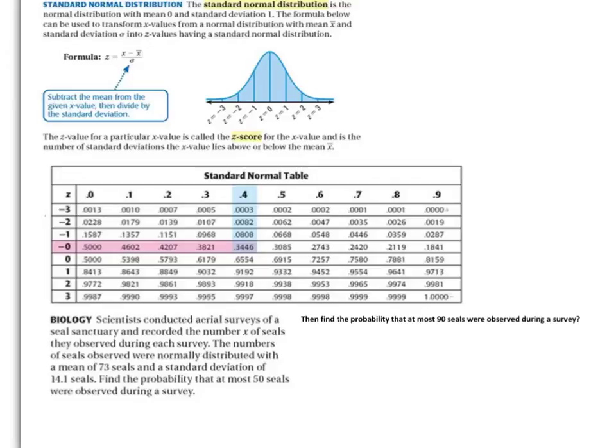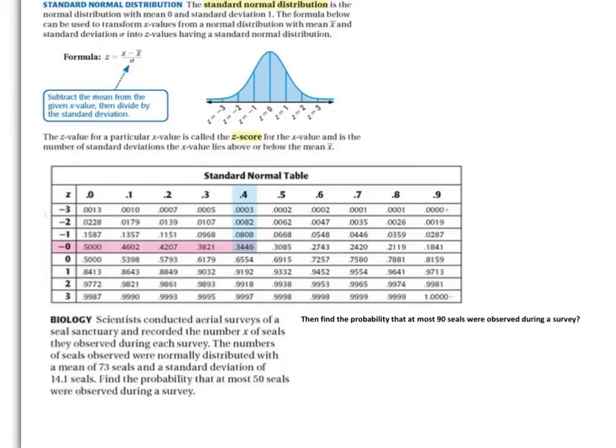So let's look at this example down here. This is our z table. We'll just have to use that after we calculate our z score. Okay? Scientists conducted aerial surveys of a seal sanctuary and recorded the number of seals they observed during each survey.